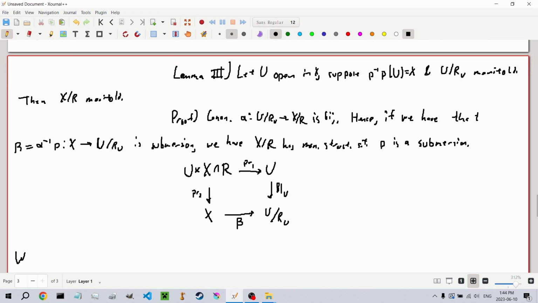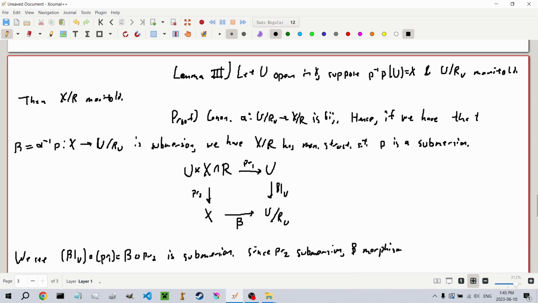From this, we see that beta composed with the first projection is just beta on our second projection. This is a submersion. Since our second projection is a submersion, beta is a morphism, and in fact, a submersion.